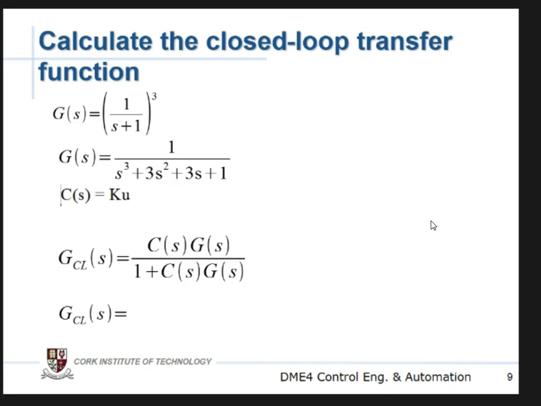I'm ending up with something here. So the idea of multiplying is that I get rid of the fractions, the two bits of fractions, and I end up with just one numerator and a denominator.